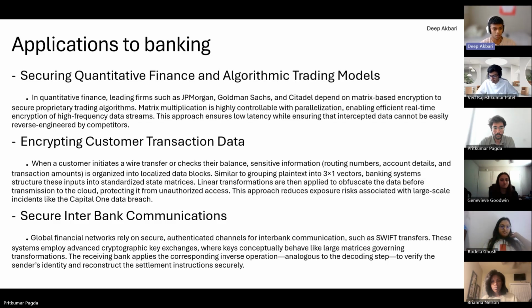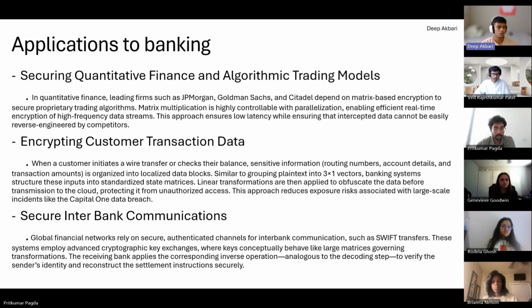In quant finance, the big firms such as Jane Street, JP Morgan, Citadel rely heavily on matrix-based encryption to secure their trading algorithms, because in high frequency trading, speed is a really important factor, and matrix multiplication is highly optimized for parallel computation. In this case, it really helps these large firms to optimize their trading algorithms and at the same time use matrix-based cryptography so that it is not cracked or broken by competitors.